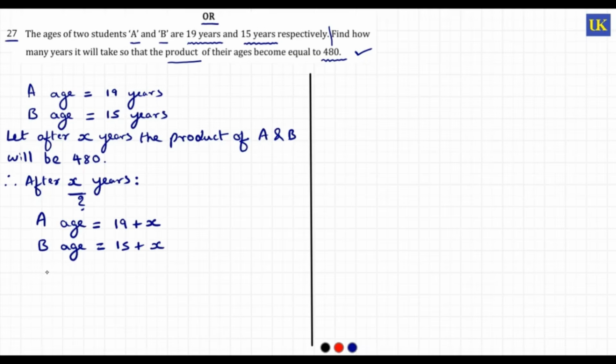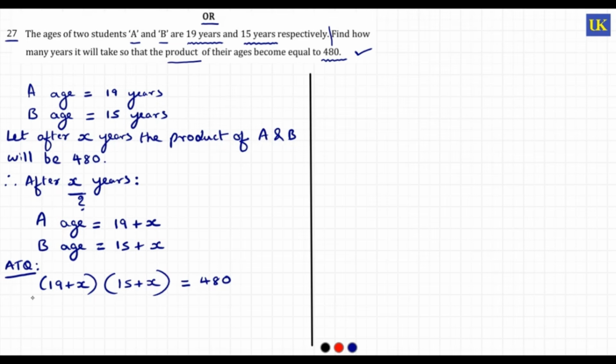So the product is 480 they are saying. So according to the question, I have to take 19 plus X and multiply it with the age of B after X years, and the product will be coming to 480.